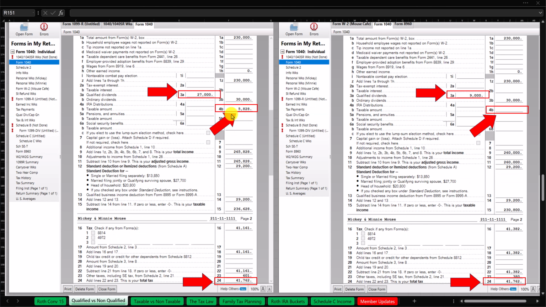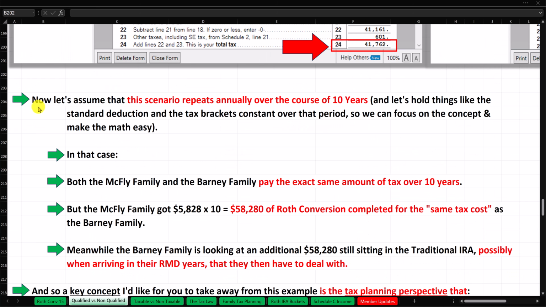So after dropping this Roth IRA conversion in here, which the Barney family is not doing here on line 4B, we get all the way down to line 24 and see that the McFly family is looking at $41,762 of tax, and the Barney family is looking at $41,762 of tax.